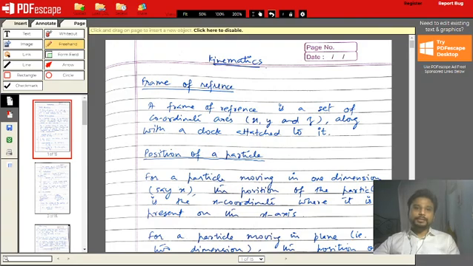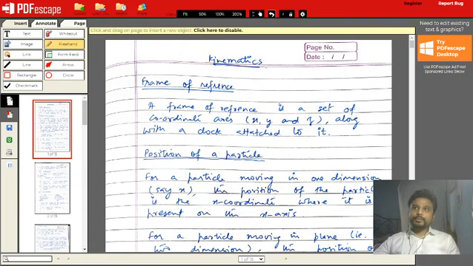So all these motions can be studied by using three terms, which are the fundamentals of the chapter. The first important term is the position of the particle, next the velocity of the particle, and lastly the acceleration of the particle.